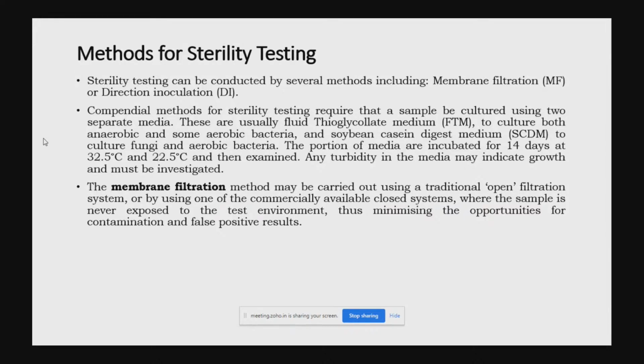SCDM is to support the growth of aerobic microorganisms as well as fungi and yeast, while the fluid thioglycolate medium is to support the growth of anaerobes, that is anaerobic as well as aerobic microorganisms. So that's why we are utilizing these two kinds of media.